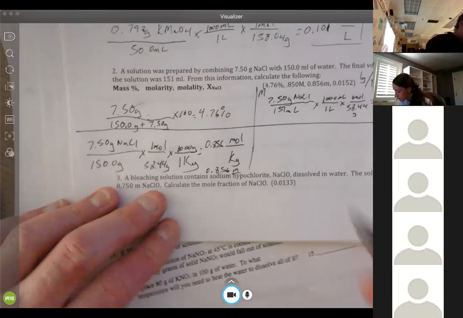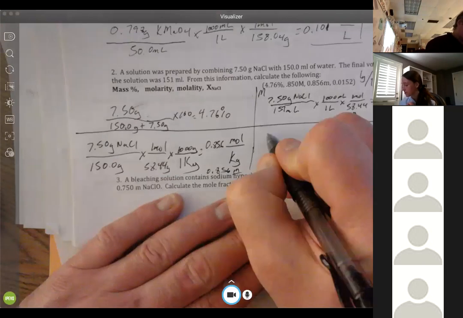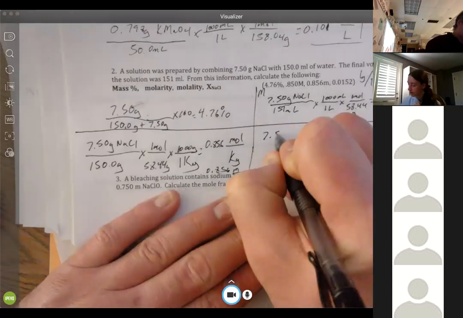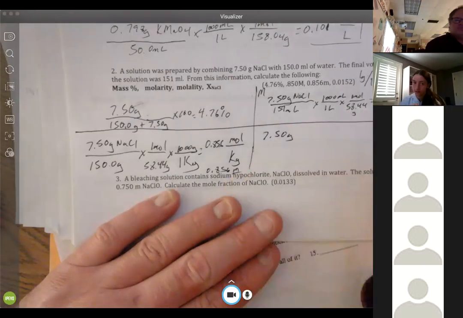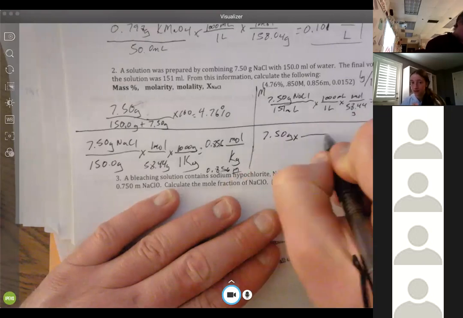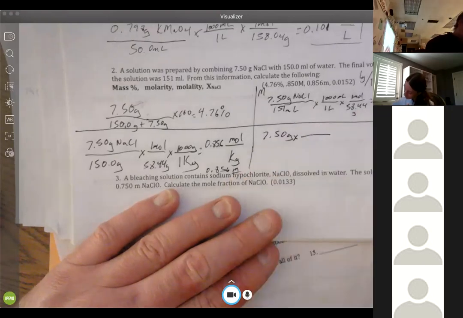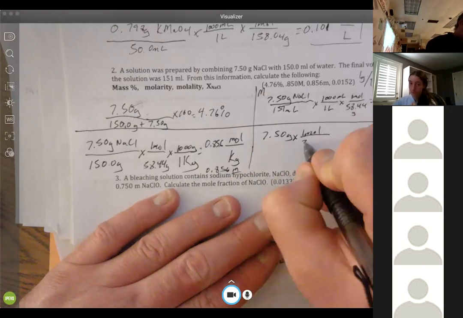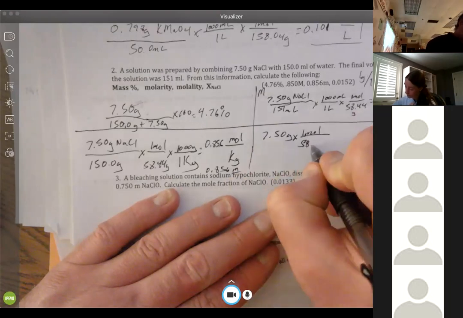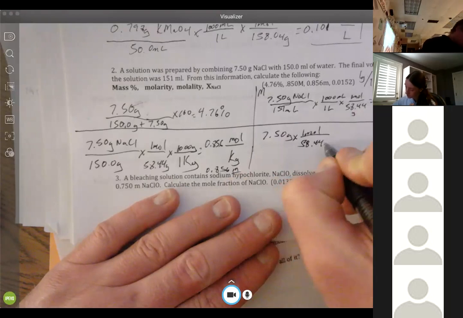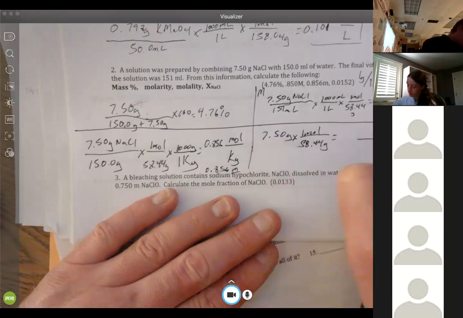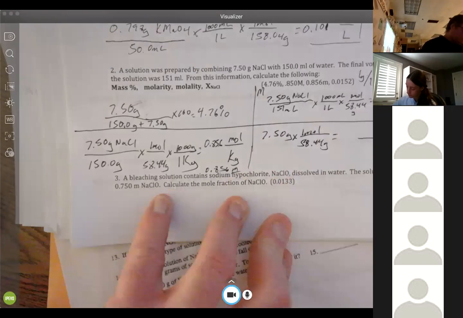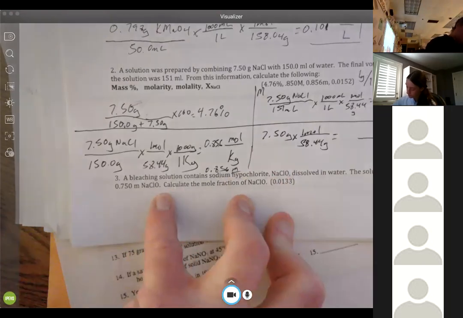So can you start with 7.50 grams and then convert that into moles? 7.5 divided by 58.44. It's about 0.1283.